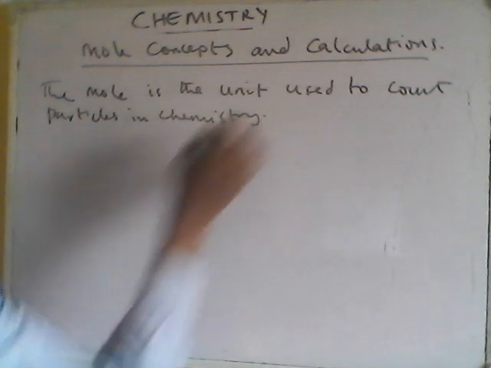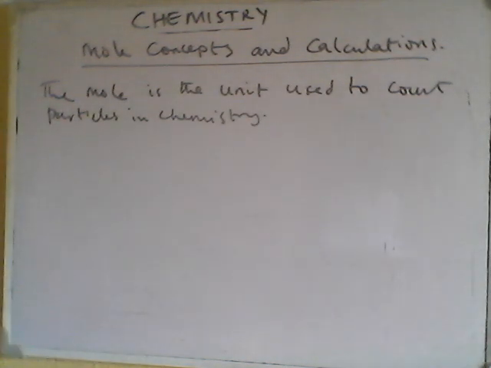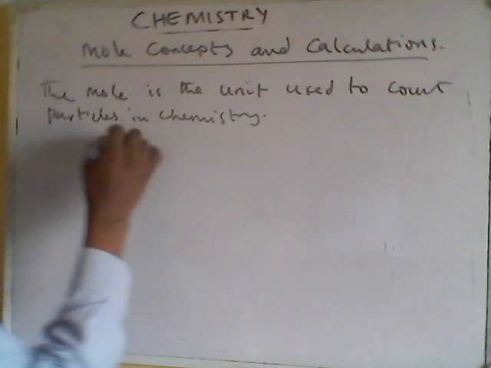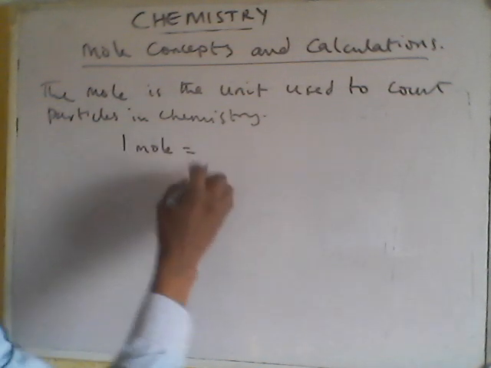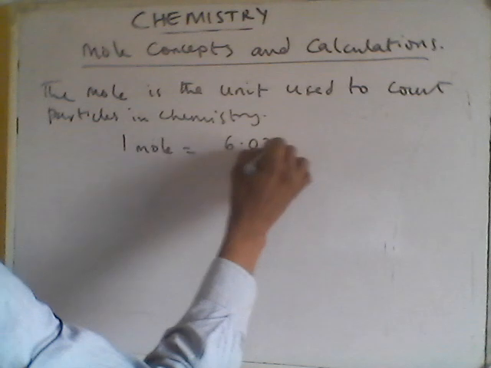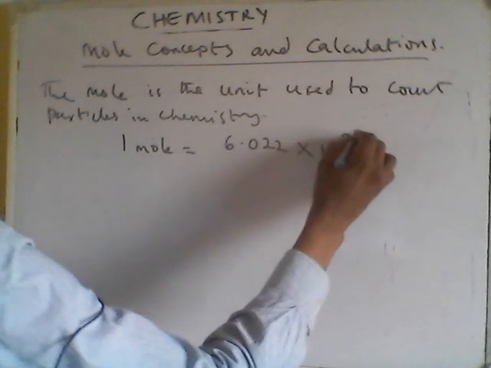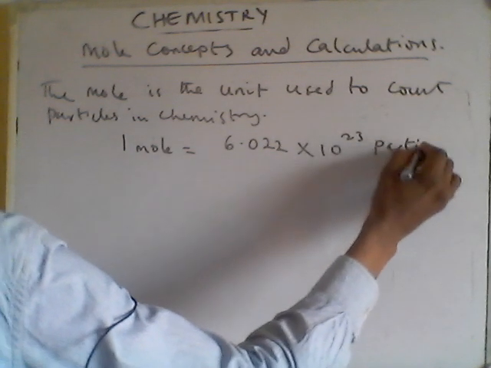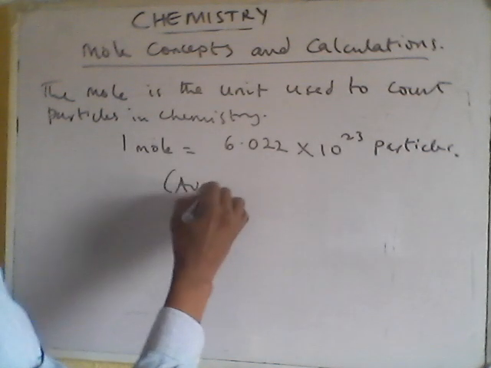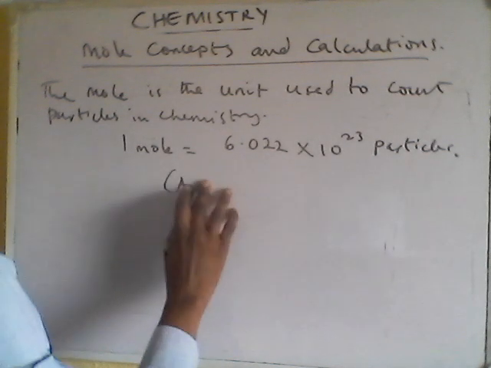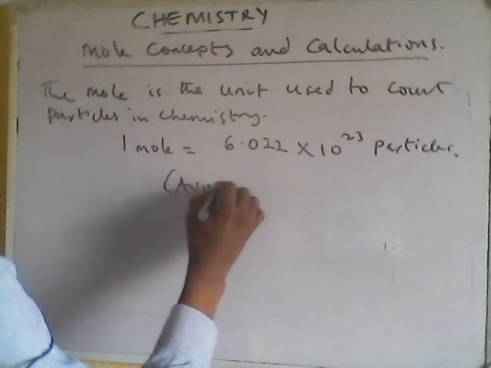If you want to count particles in chemistry, we have a concept known as the mole. One mole is equal to 6.022 times 10 to the power 23 particles. This is according to Avogadro, the scientist that did an extensive study on this.